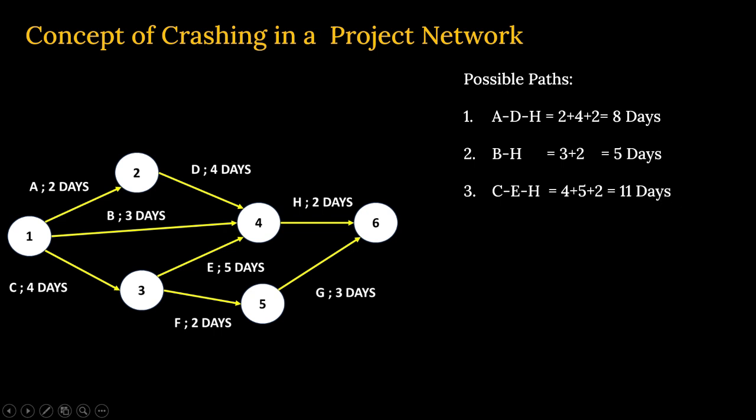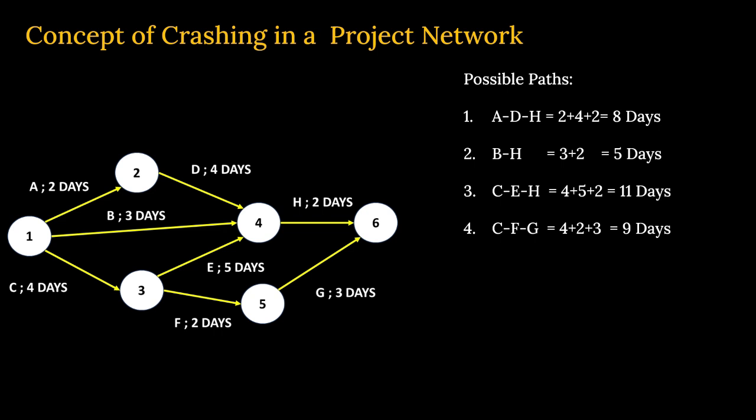Then path number 4 is C, then F, and then G. CFG. The duration allotted is 4 plus 2 plus 3, which becomes 9 days. So these are the possible paths in front of you along with their duration in days.